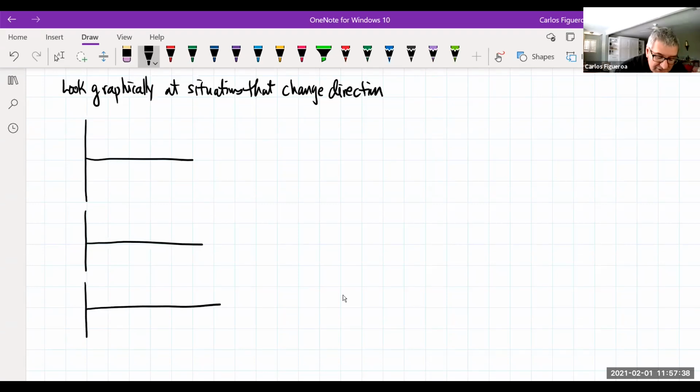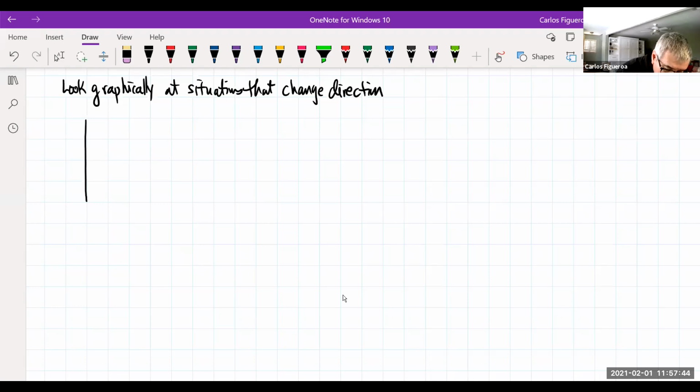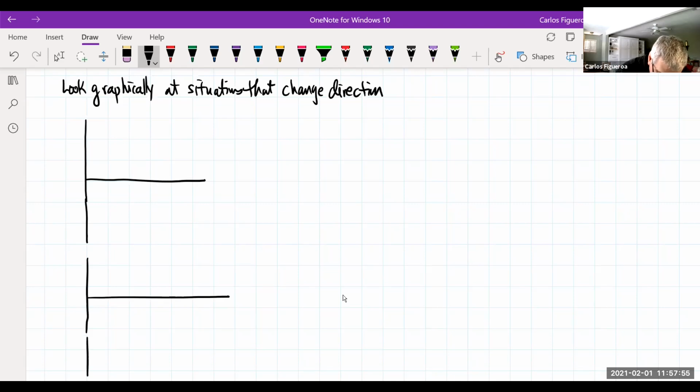I'm hoping I'm giving myself enough space. I think I need more space. Let me do this. So this is A, V, and X.